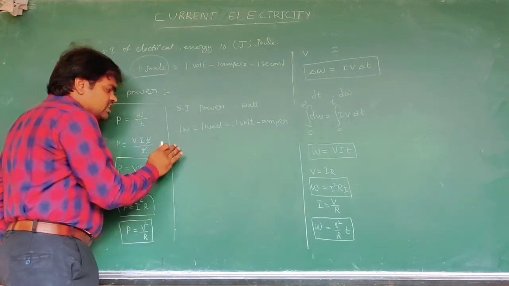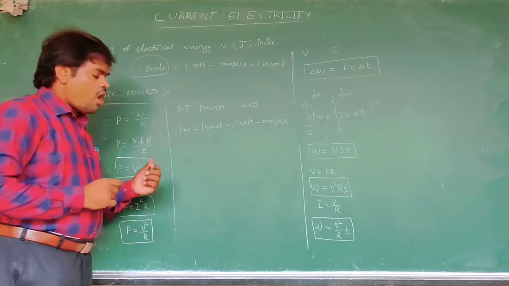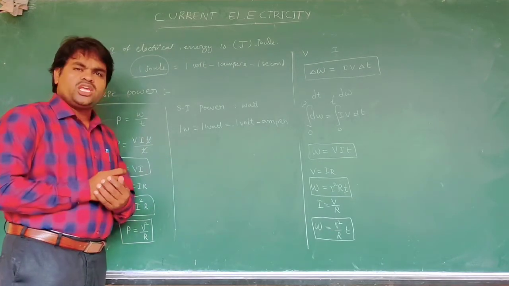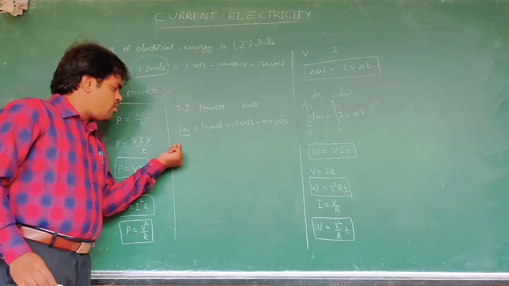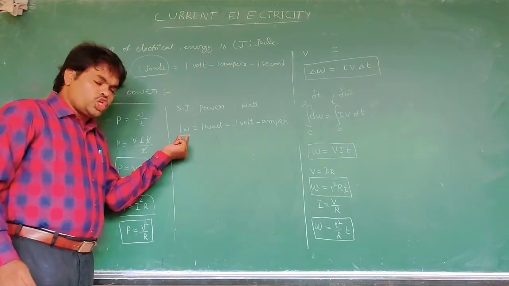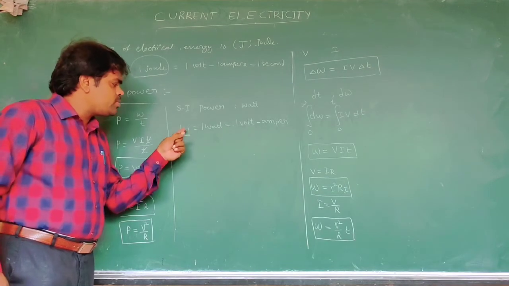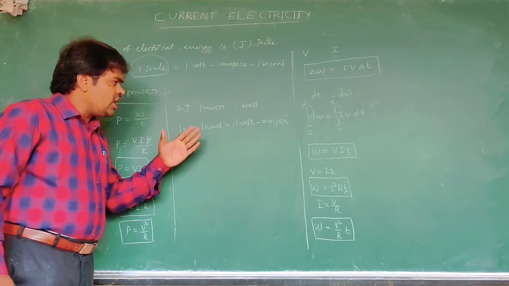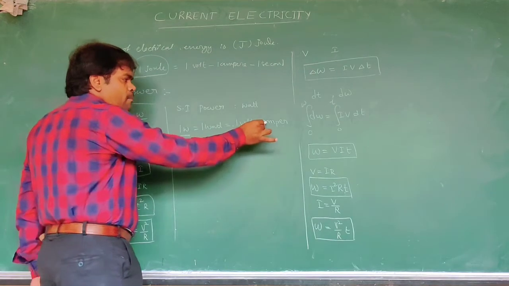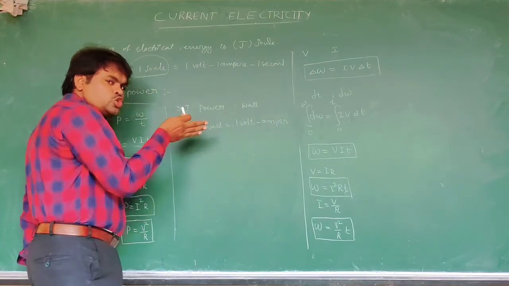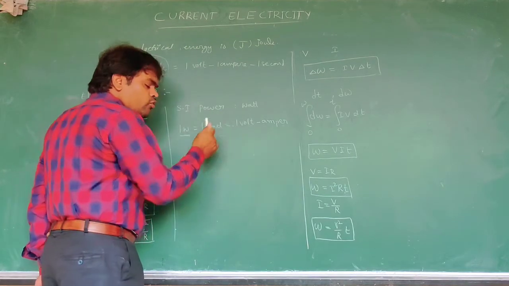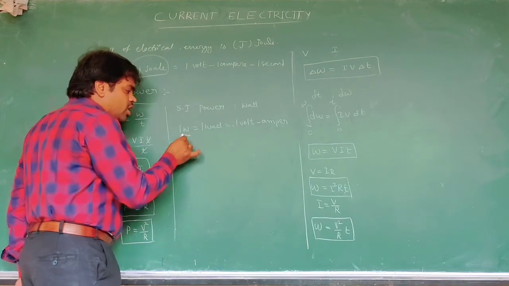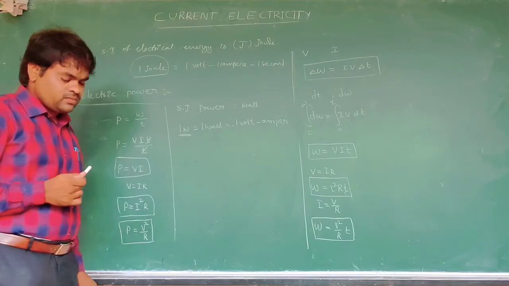Here the electrical power of a circuit is said to be 1 watt if 1 ampere current flows through the circuit when 1 volt is applied.